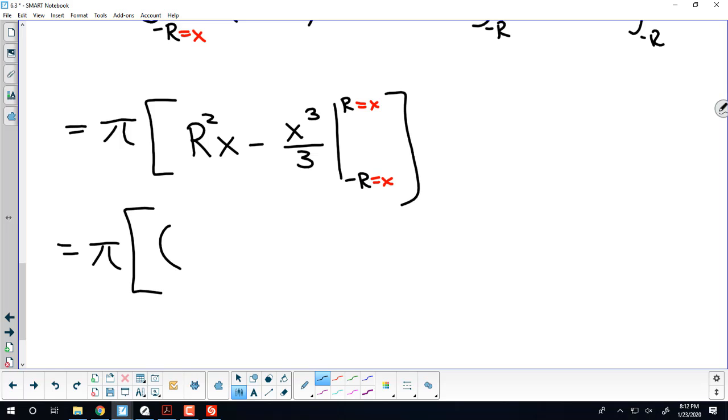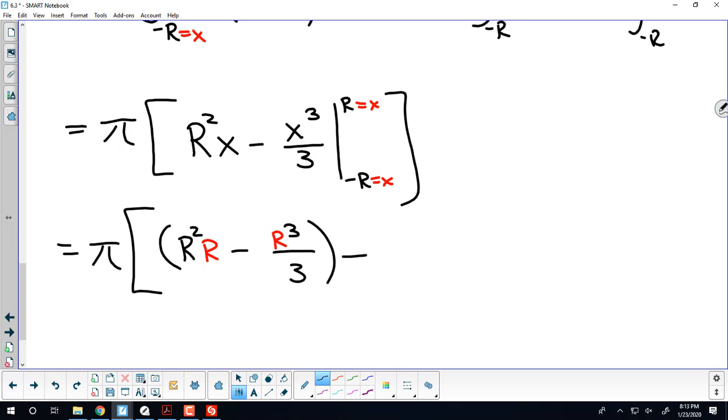So first one, you've got an R squared times this R up here for the upper limit of integration, minus R cubed over 3. Okay, so that's the upper limit, capital R in for x, our antiderivative, minus.